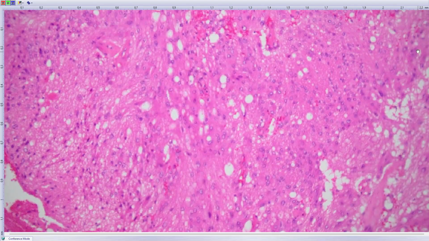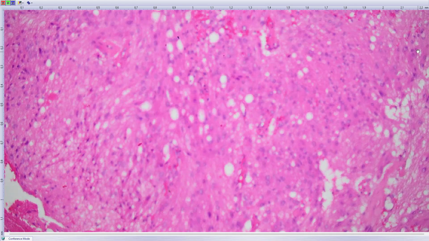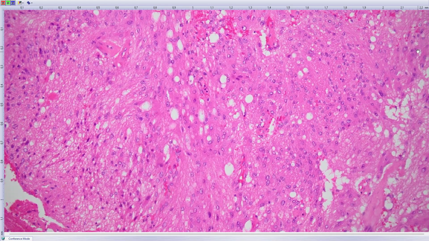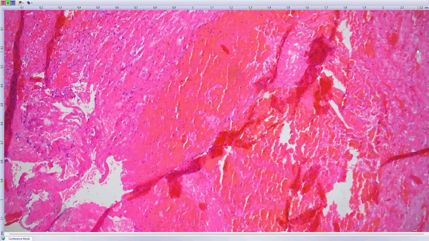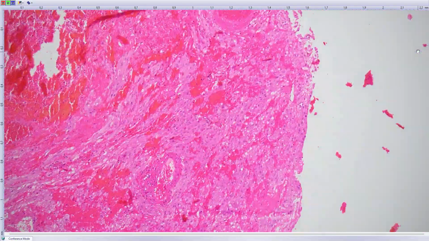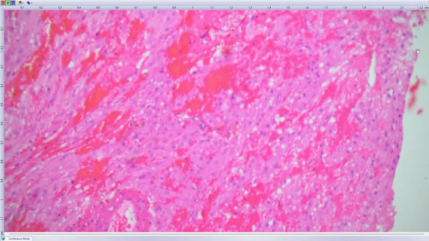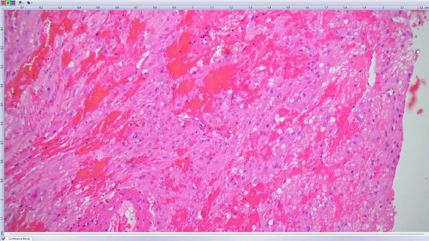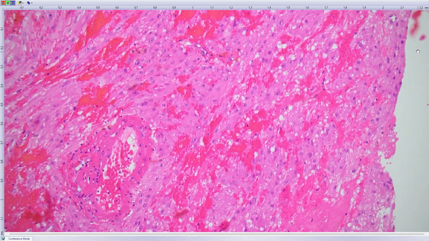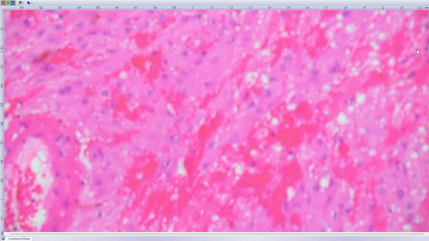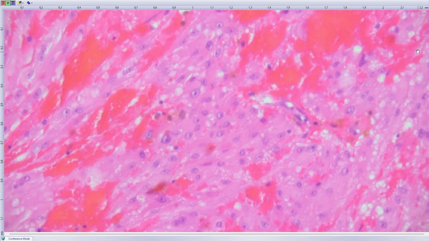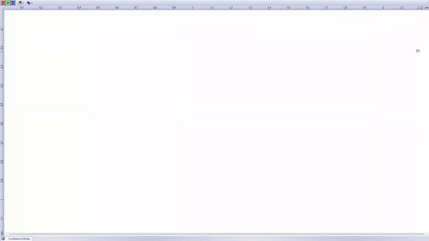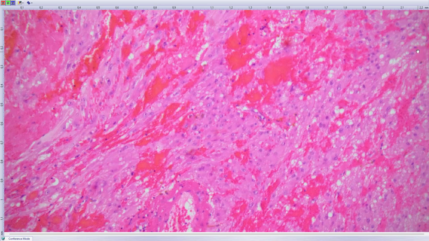And this is probably tumorous tissue. Yeah, this is better. These are big epithelioid-like tumor cells with voluminous eosinophilic cytoplasm, vesicular nuclei, and prominent nucleoli.